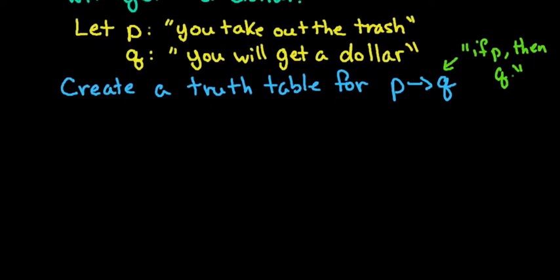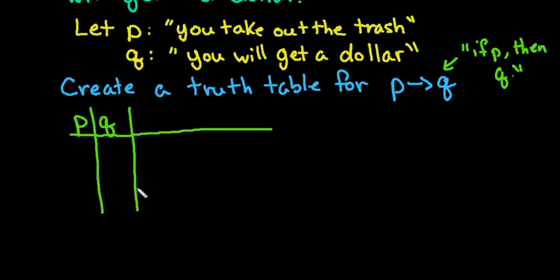And since we only have two variables, our two variables go at the top of our table. Okay, and we always start truth tables when we have two values the same way. We always put in the first column true, true, false, false.